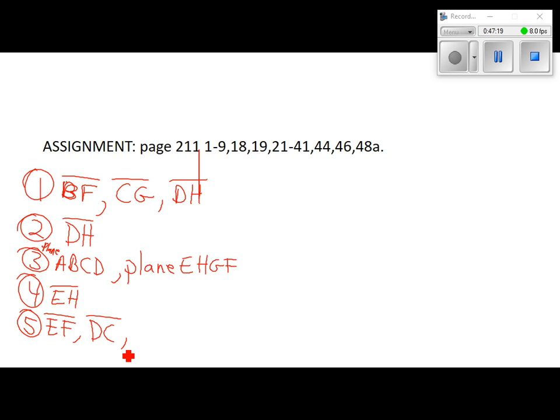Keith, give me another one parallel to segment HG. We got DC and we got EF already. Think of your alphabet. Say your alphabet for me. AB. There you go.